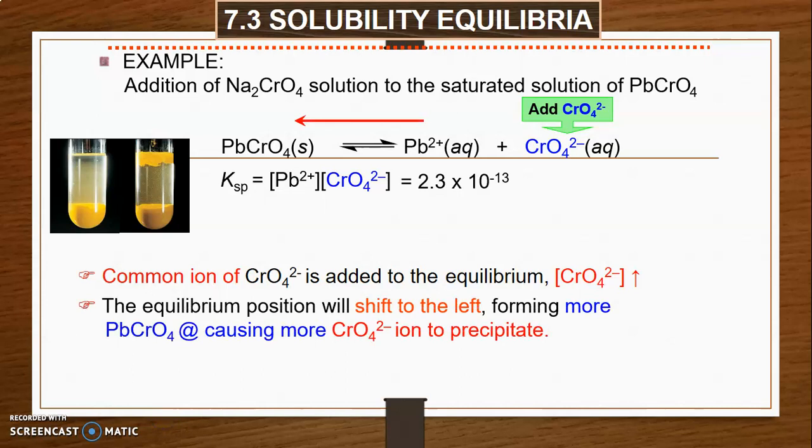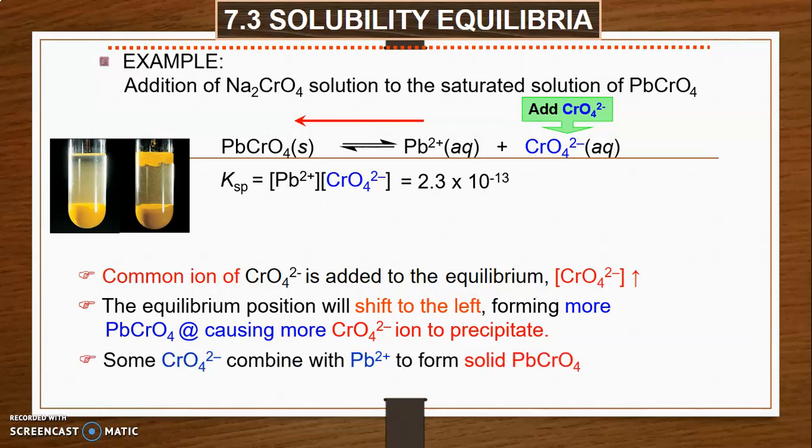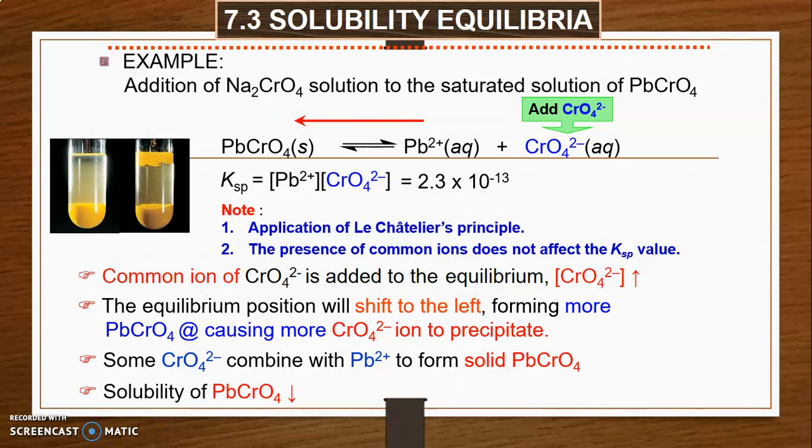The equilibrium position will shift to the left, forming more solid as dichromate ions precipitate. So, some of the dichromate ions will combine with lead 2 plus ions to form solid lead dichromate. This will cause the solubility of lead dichromate to decrease. That's all. Thank you.